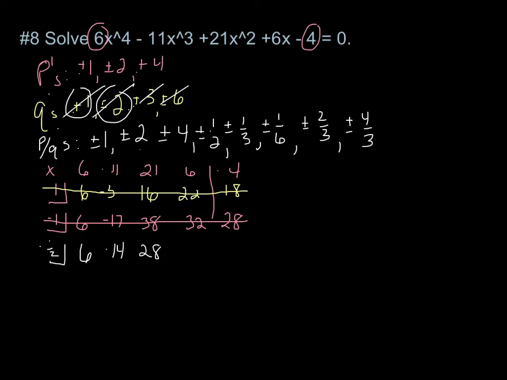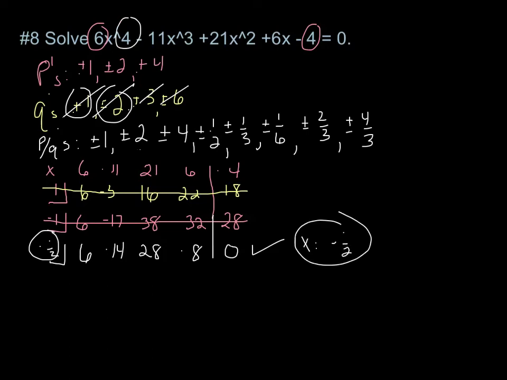Negative half of 28 is negative 14, and 6, that's negative 8. And negative half of negative 8 is 4, and 4 minus 4, uh-oh, ding, ding, ding, 0. Sweet. So negative 1/2 is our first zero. I'm going to put that out here: negative 1/2. 1 down, it's a 4th power, so 3 to go.